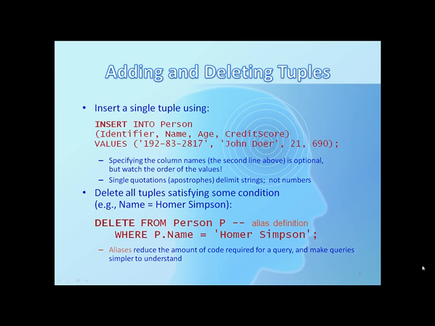Adding and deleting tuples. Insert a single tuple using insert into person: identifier, name, age, credit score. These are the field names. We insert the values, as you can see in the example.